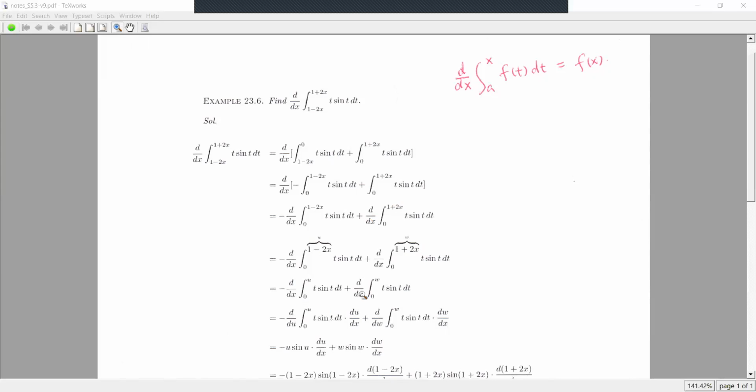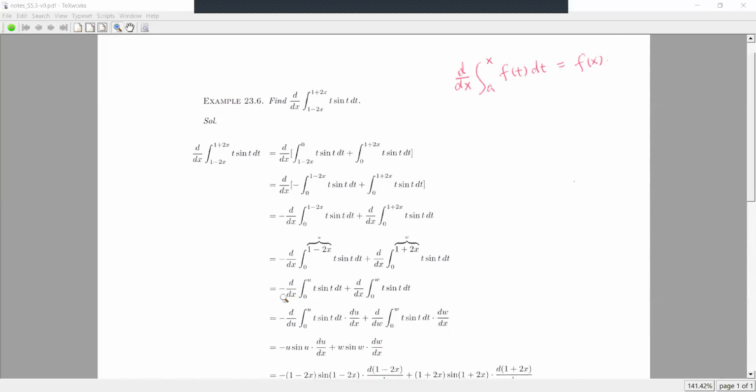For these two derivatives, I still cannot apply this formula because this formula requires the two variables to be the same variable, but this derivative here is u, and here is x. Here is w, here is x, they are different. Now, this step is the chain rule.